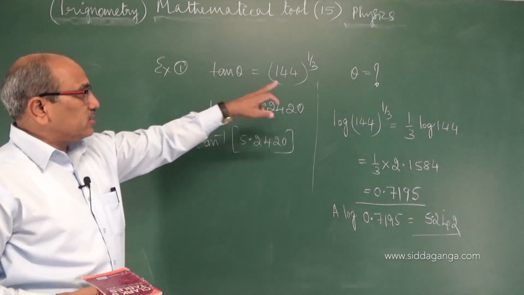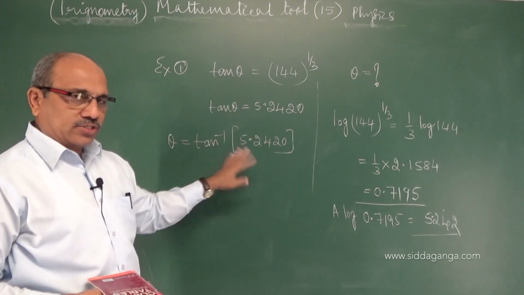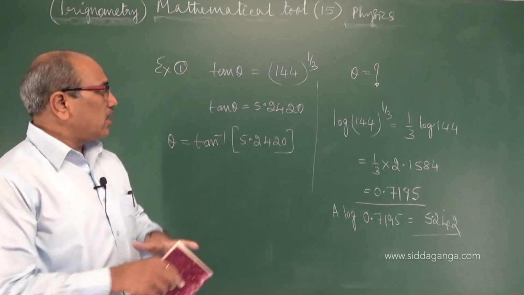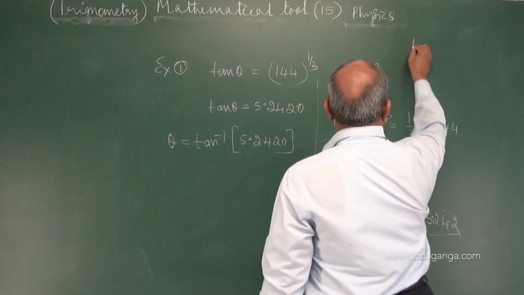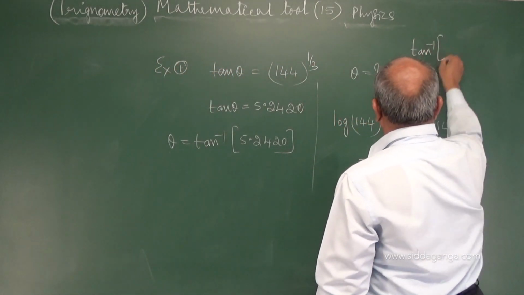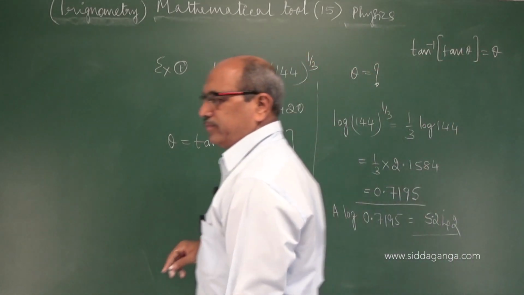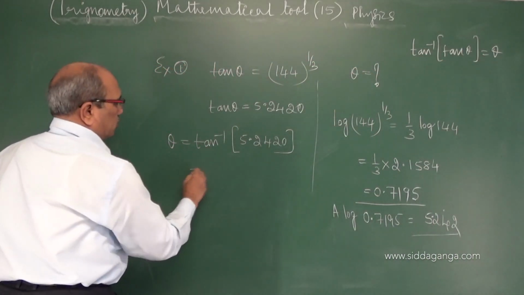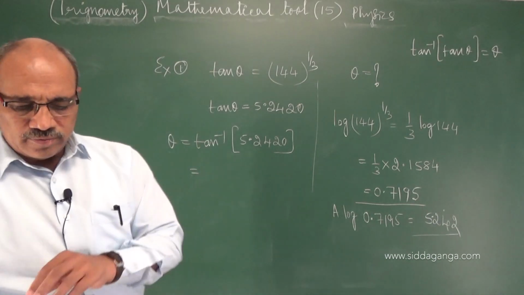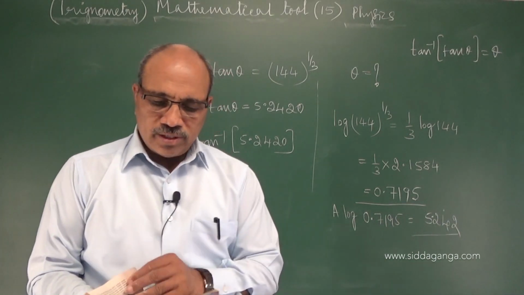But our question is on theta. Theta to find tan inverse. Theta, I given you this relation, inverse function, tan inverse of tan theta become equal to theta. So this search in the tan table, natural tan table.